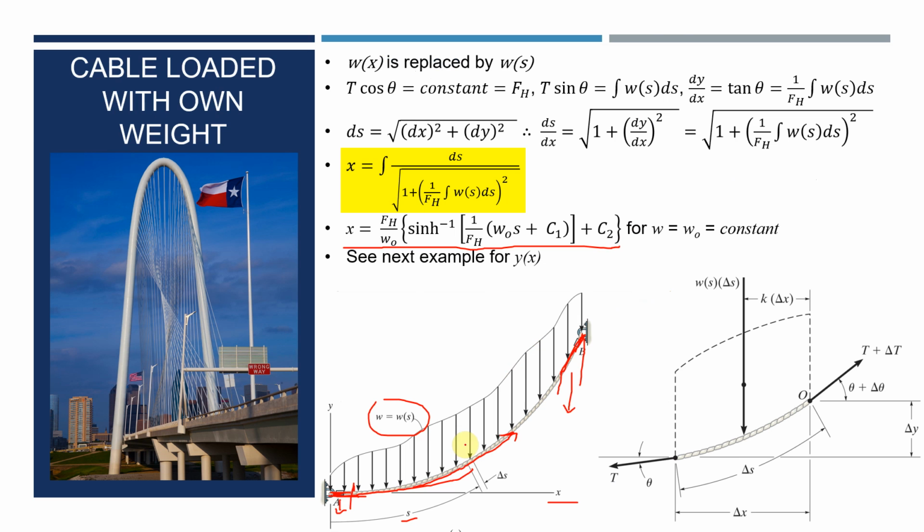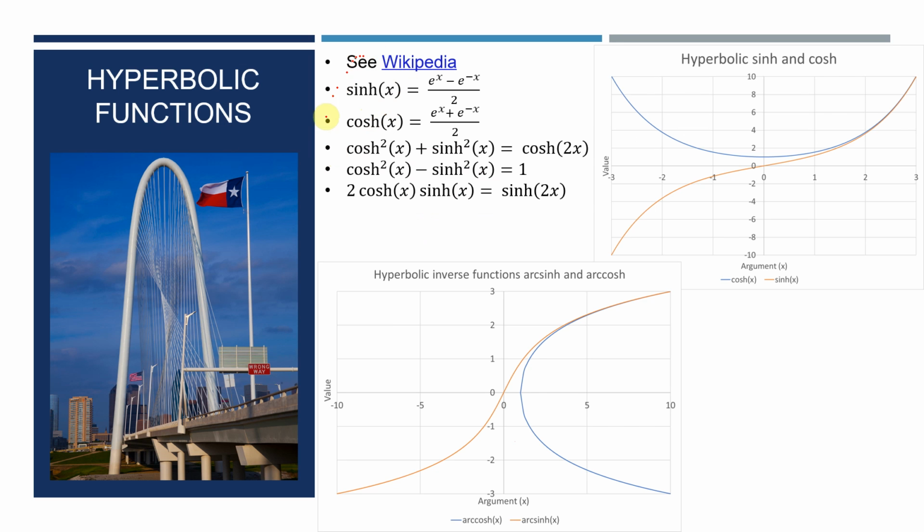So you noticed up here, we went into hyperbolic sines. This is the inverse hyperbolic sine. Take a look at Wikipedia for hyperbolic functions. This is what they look like. The hyperbolic cosine in blue, the hyperbolic sine in orange, the inverse functions also plotted. The hyperbolic cosine cannot be less than 1.